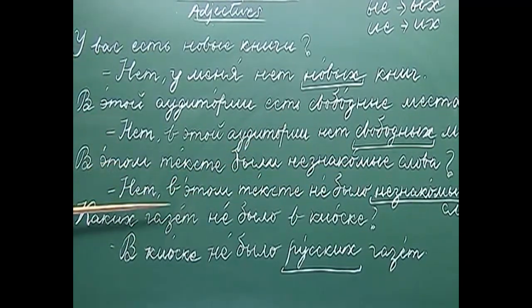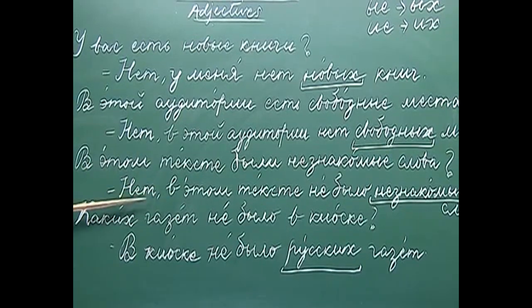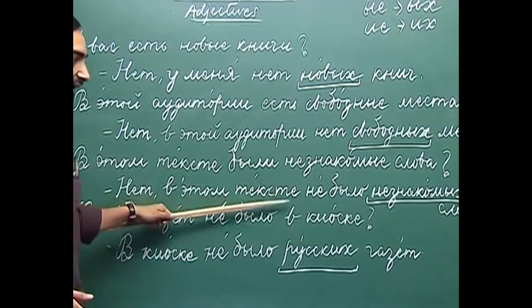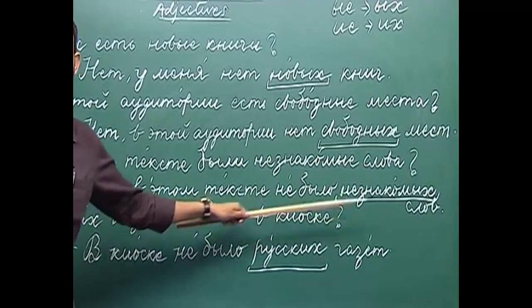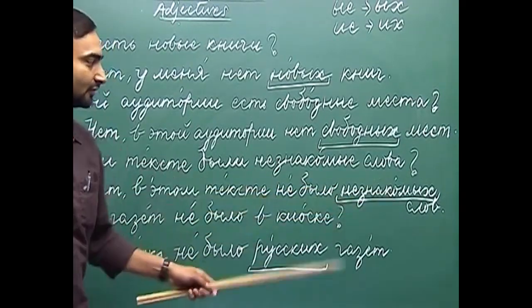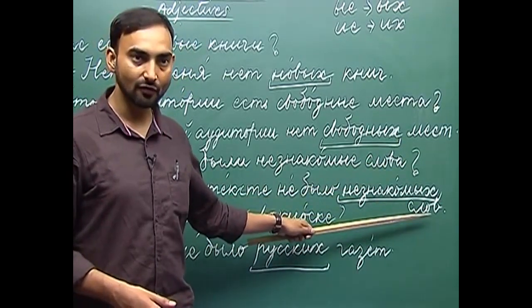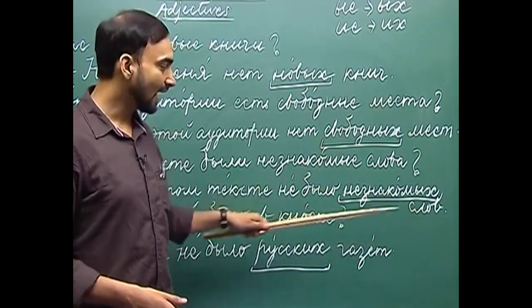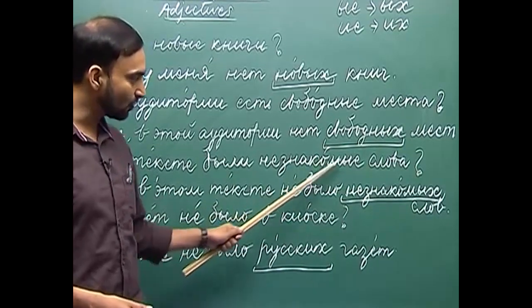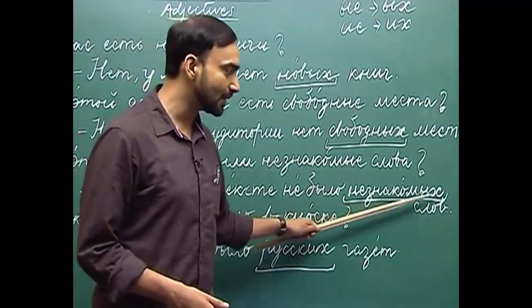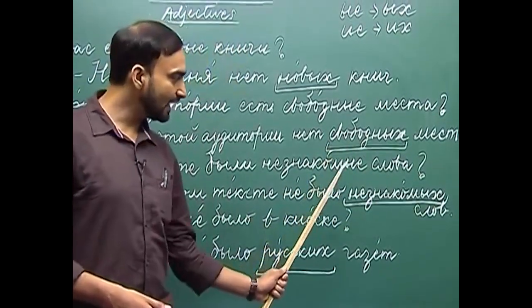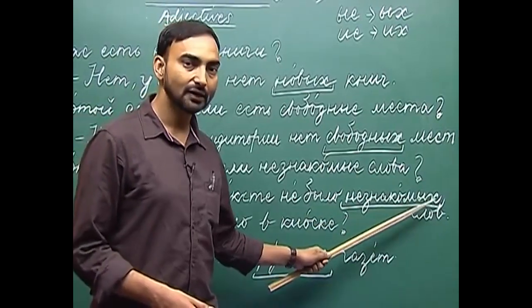And if you answer in negative, then нет, в этом тексте не было незнакомых слов. So, here слова changes to слов, the genitive plural, and the adjective незнакомые changes to незнакомых. Again, ые changes to ых.